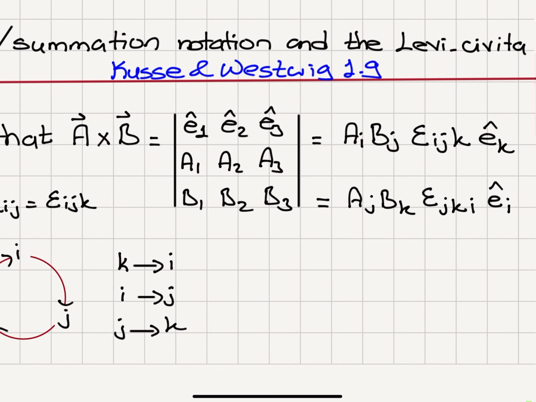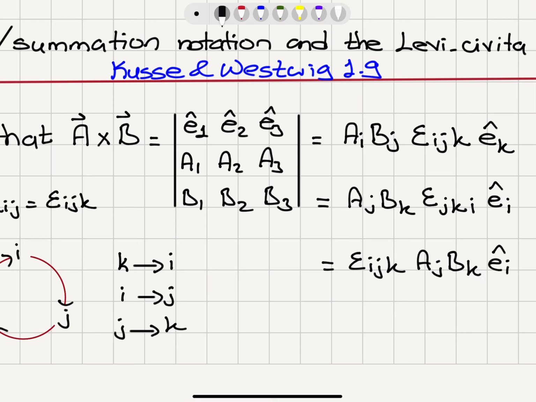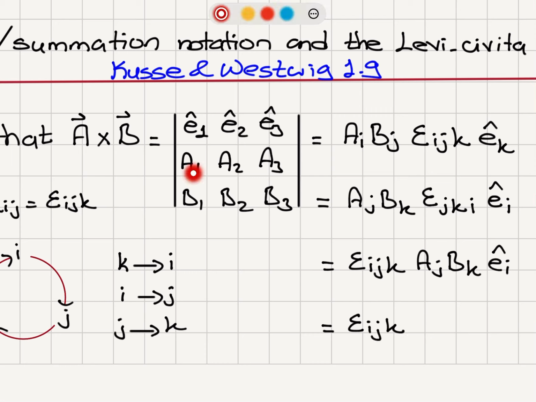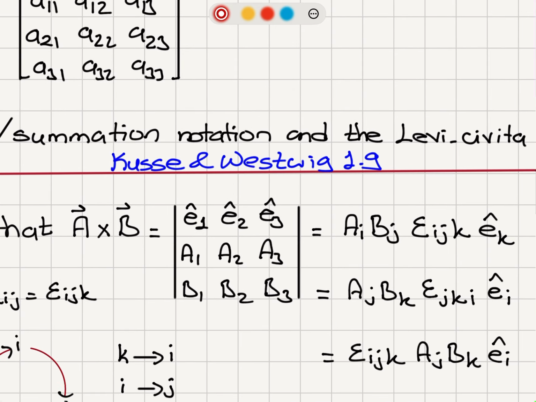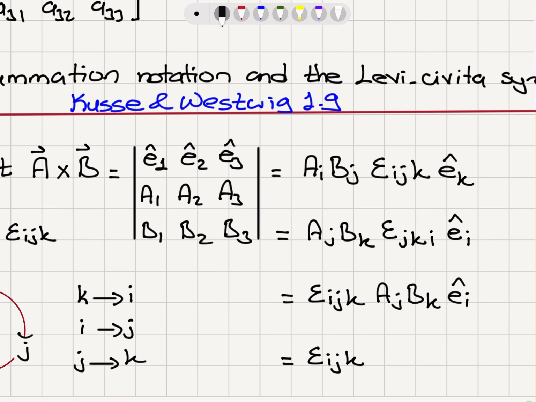Okay, so I'm going to write this as epsilon ijk aj bk ei hat. So that can also be written like this. Now looking at this, I have epsilon ijk. Then I have to consider the second row of the matrix, which means I'm looking at A2j.